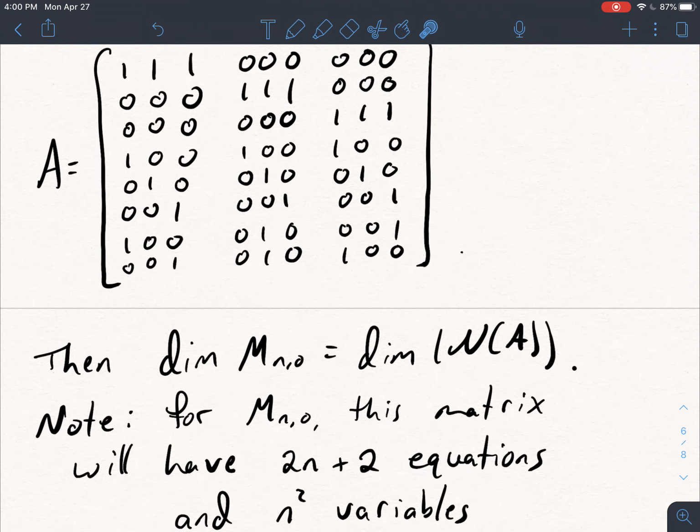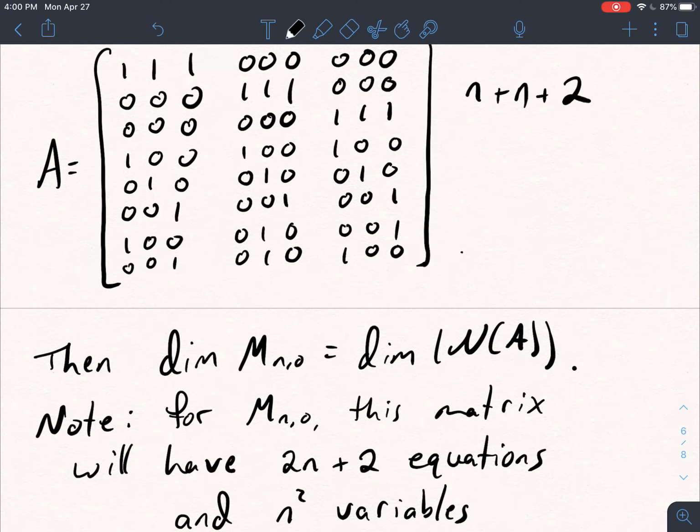And in general, for m sub n0, this matrix is going to have 2n plus 2 equations and n squared variables. Why is that true? In this case, we had 3 rows, with one equation for each row. We had one equation for each column, and there are 3 columns, so we have 3 plus 3.